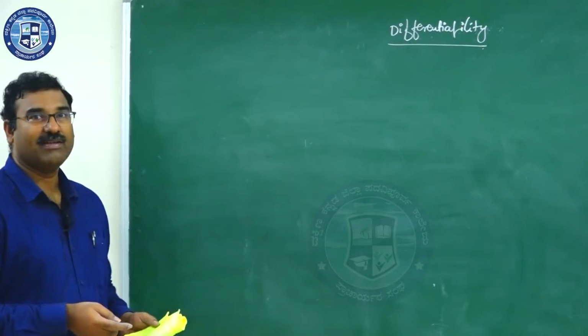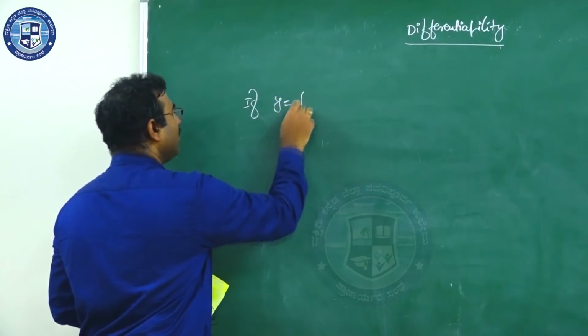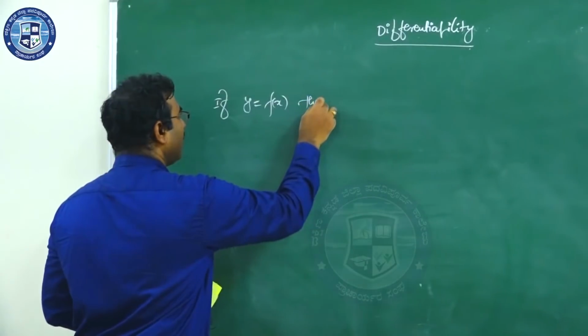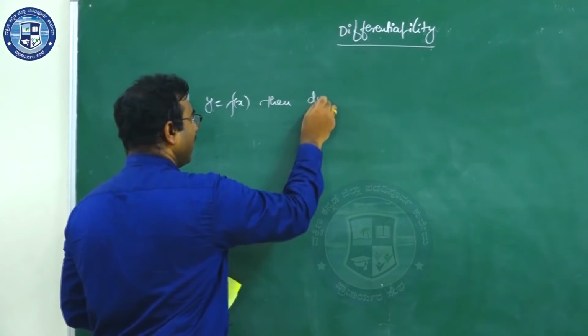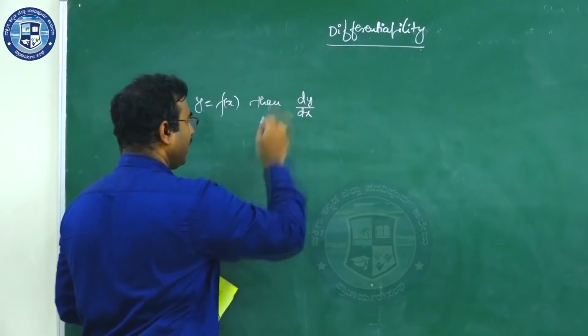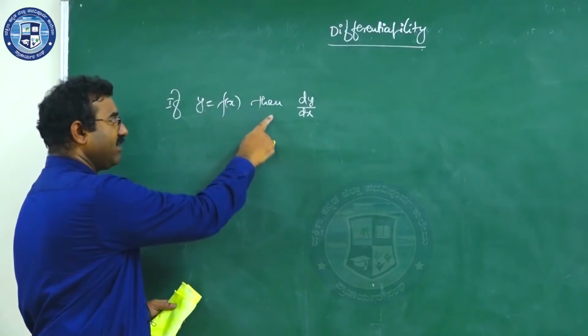So, if y is equal to f(x), then the derivative of y with respect to x, we write it like this, dy by dx. The rate of change of y with respect to x, we write like this.